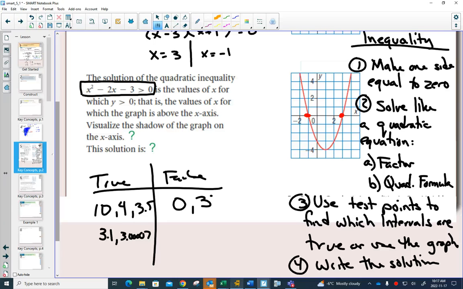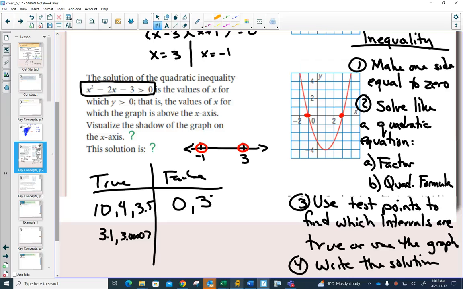So it says, use test points to find which intervals are true and which intervals are not. The key thing, sometimes with the test points, we will make a number line and we will label 3 here and minus 1, which match up with our x-intercepts. And we know that 3 and minus 1 cannot be part of the solution because that's where it's equal to 0, and we need it to be bigger than 0.